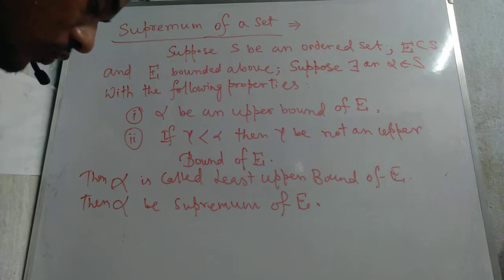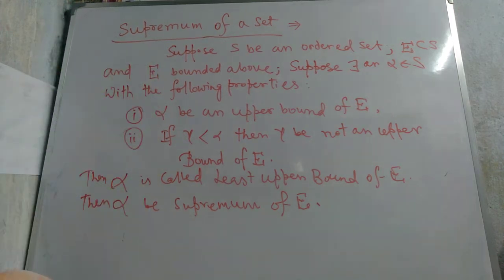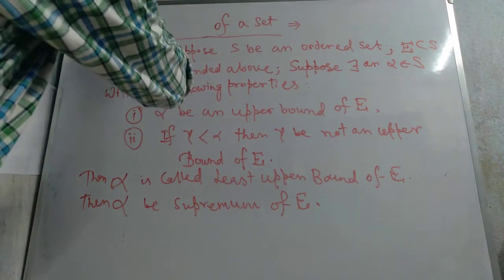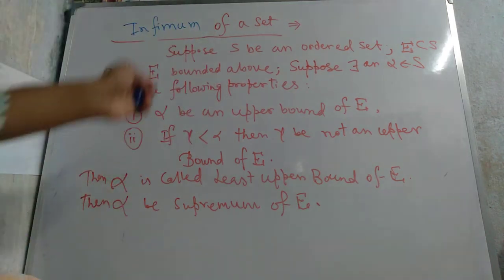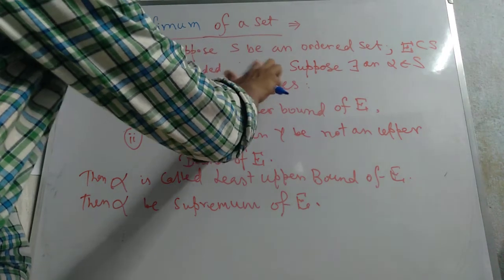Then we write this definition of supremum also. Now we are going to discuss the infimum of some set. We do not erase this portion; we just write here the infimum of a set. Suppose S is an ordered set and E is a subset of S and E is bounded below.